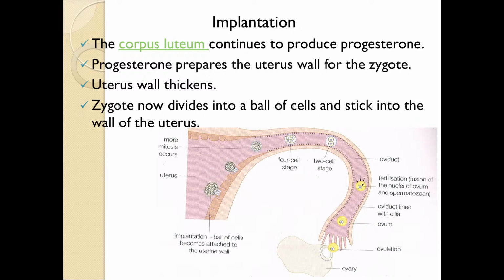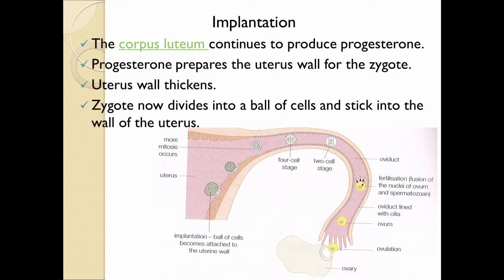Alright, so once fertilization takes place, there is a process known as implantation. Implantation is where the fertilized egg plants its way into the walls of the uterus so it can develop. The only way the fertilized egg can develop into a healthy baby is by planting itself, that means sinking itself into the walls of the uterus.